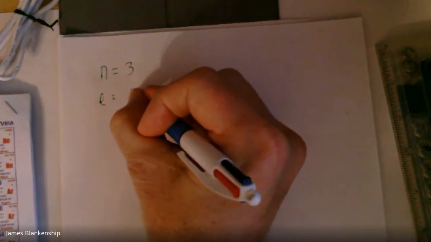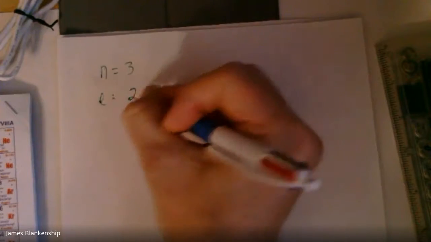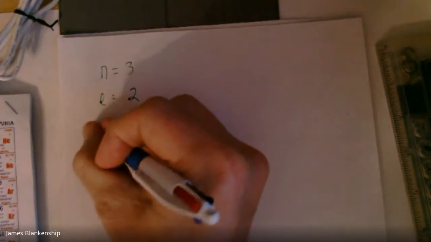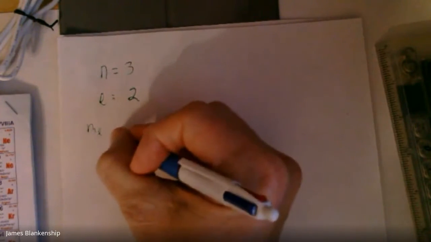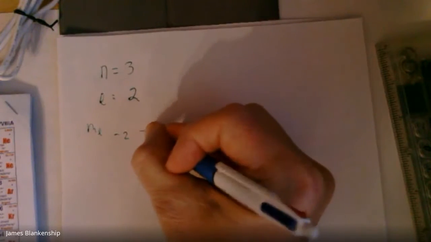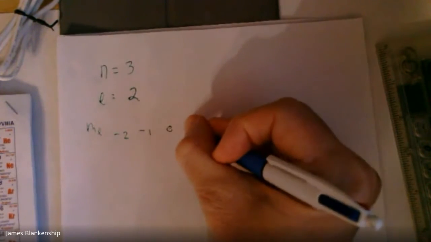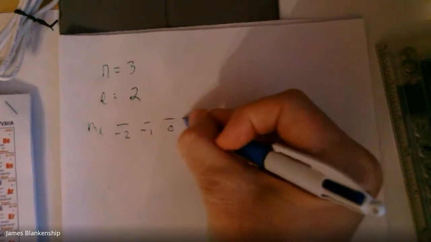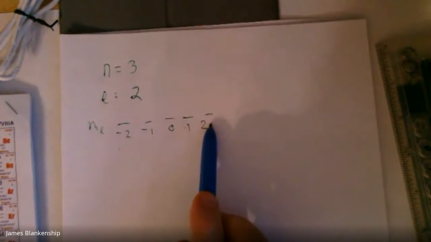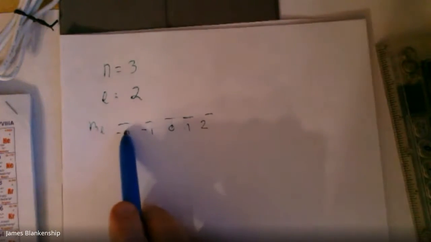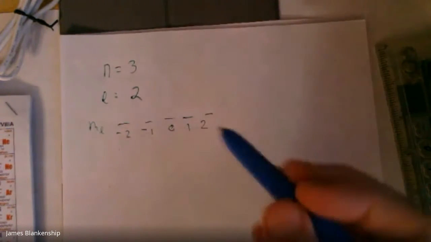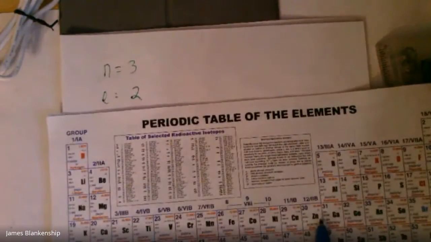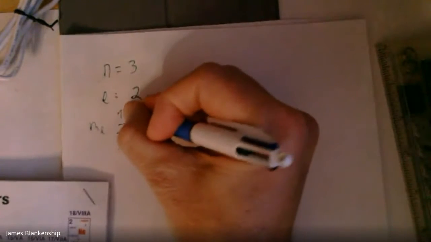So let's say that we have 2, which means that our M sub L values would be -2, -1, 0, 1, and 2. Which gives us 5 orbitals, 2 electrons per orbital, which is why this block across here has 10 in it. 10 spaces, because you can fit 10 electrons.